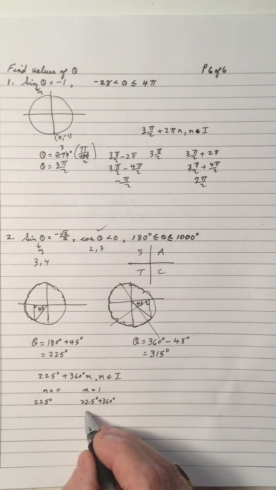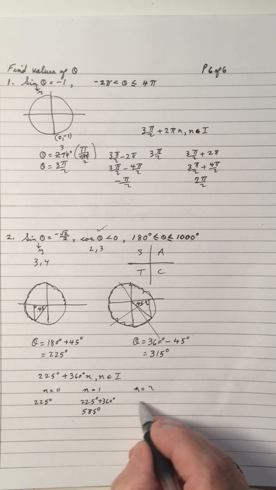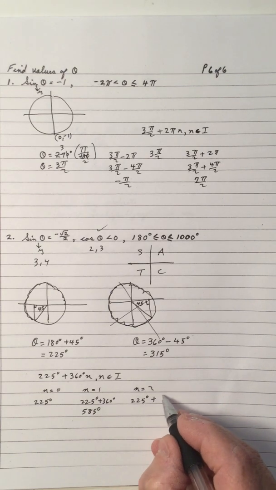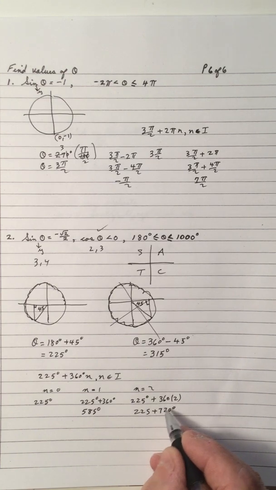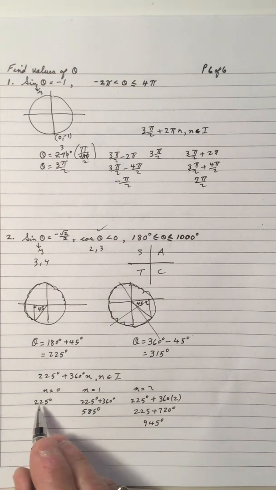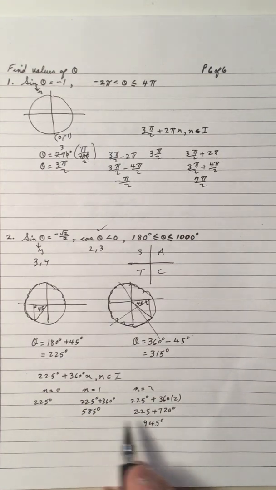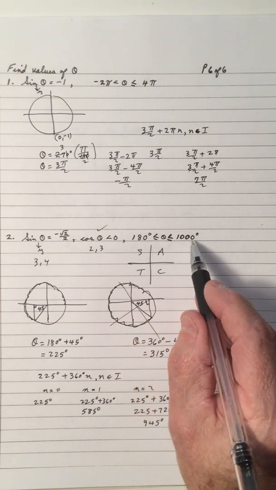So that is 585 degrees. And when n is 2, we'll get 225 plus 360 times 2, so it's 225 plus 720, so we'll get 945 degrees. So these are the three values of theta that fit between 180 and 1,000.